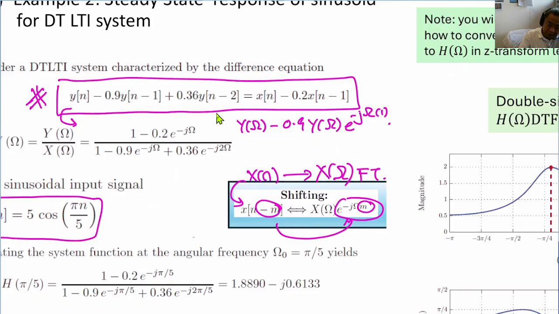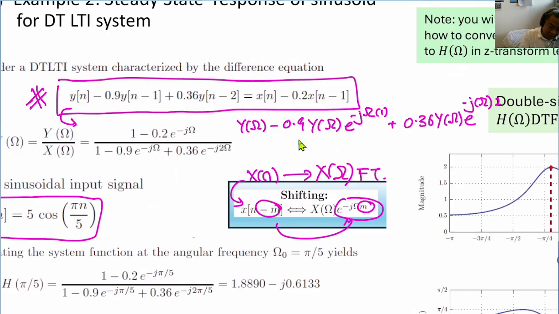And the next one is plus 0.36 y of omega e minus j omega multiplied by 2. So we basically use the shifting property and we just convert this difference equation into its Fourier transform domain, and we use the extra e minus j omega m to denote the delayed version of this expression over here.